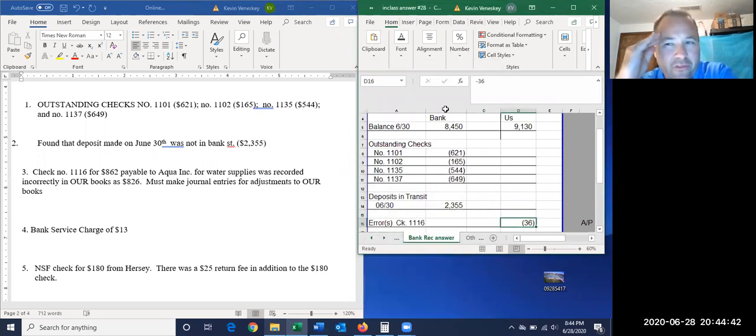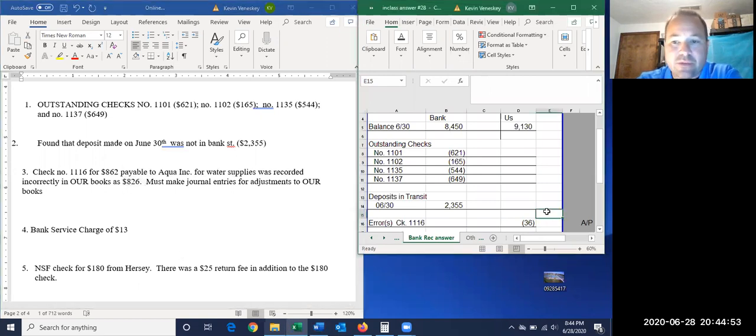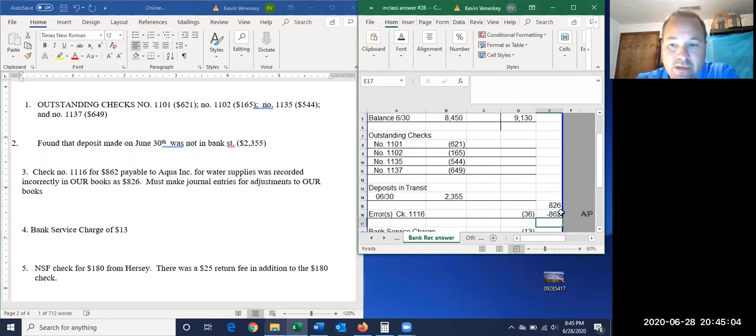But if you can't quite think like that, if that's a little harder, out to the side, what you could do is think, okay, I need to get rid of this, pretend that it didn't happen because it was an error. So add back 826, and then just below it, take away what really should have been, 862. And then if you do these as a net and combine them, you'll see that the sum is -36.